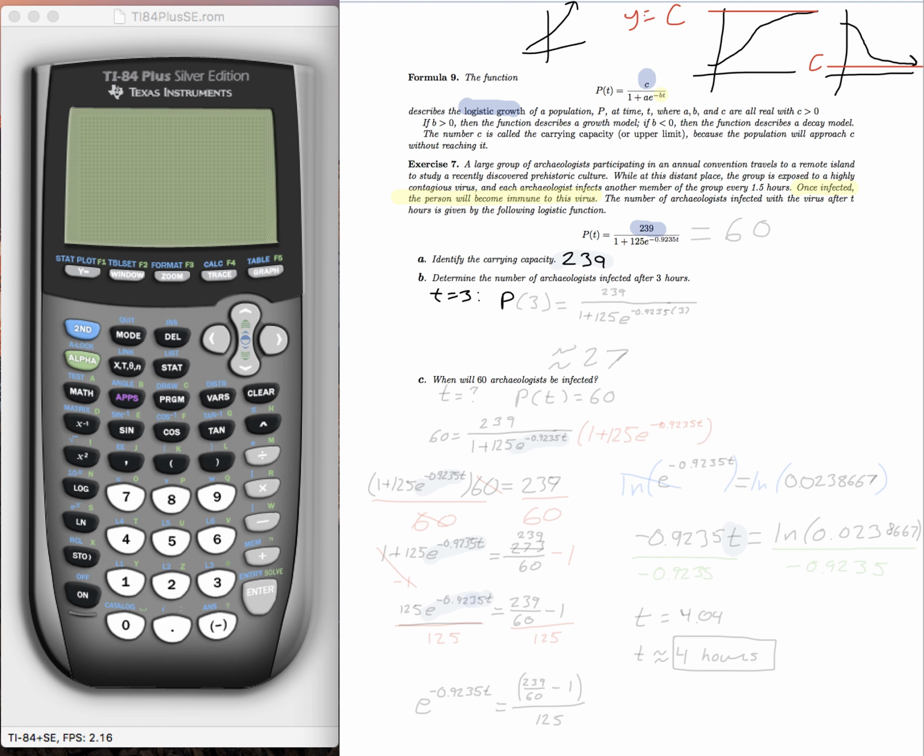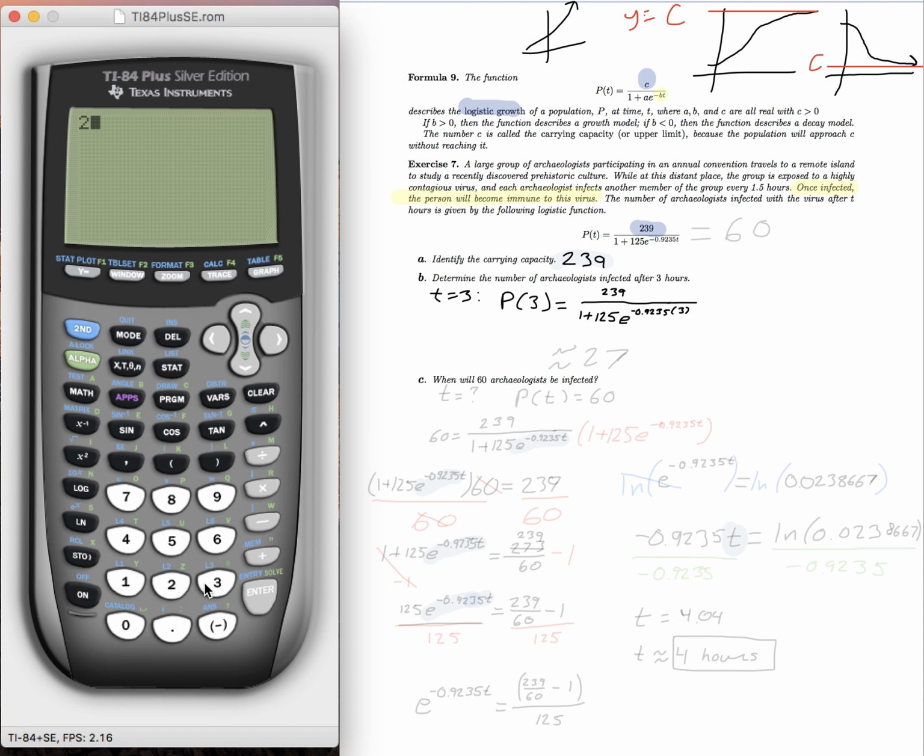Well, P of 3 would be, and this gets a little large, 239 divided by 1 plus 125 times e to the negative 0.9235, and our input is 3 hours.